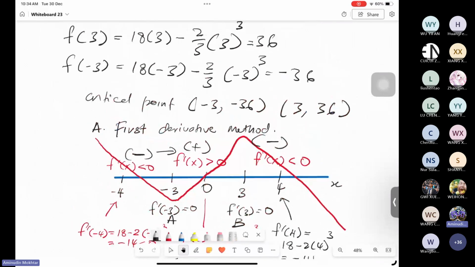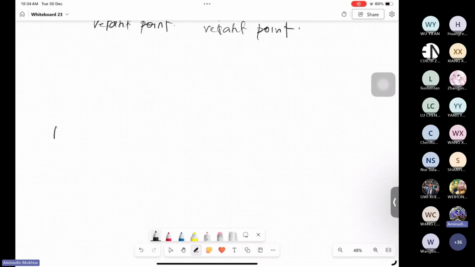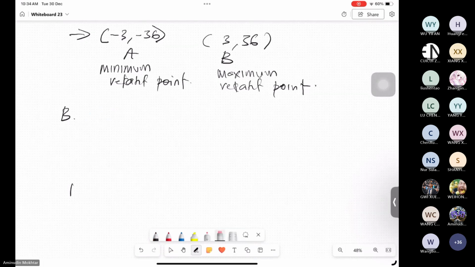Please remember we also have the second derivative method. So what is the second derivative method?